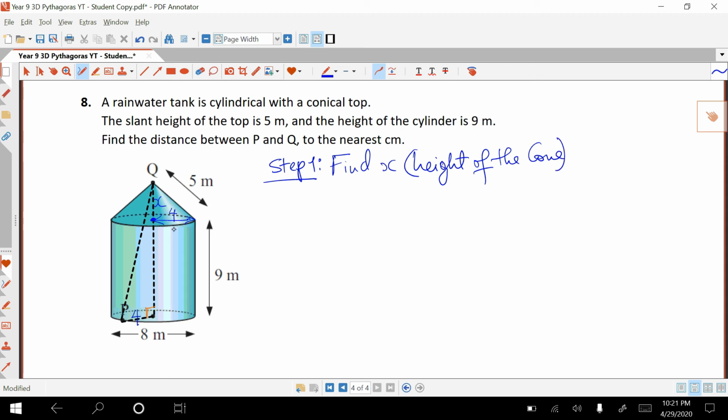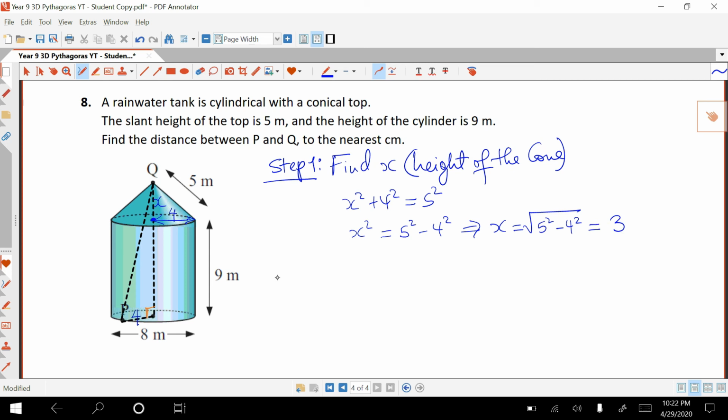And we can find that by Pythagoras theorem. Remember, x is the shorter side. So the sum of the squares of the shorter sides, x squared plus 4 squared, should be equal to the square of the longer side. Which means that x squared will be equal to 5 squared minus 4 squared, which implies that x will be the square root of 5 squared minus 4 squared, and that will be equal to 3.